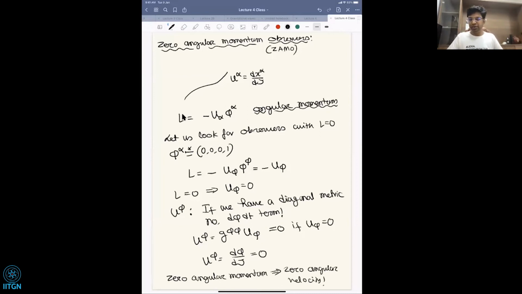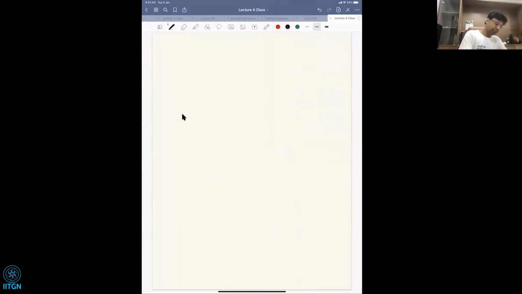Now consider the Kerr case. And I told you in the Kerr case there is a g t phi which is not equal to 0. There is a d phi dt term. Then what will happen? Let's calculate. So L equal to 0 will still mean u down phi equal to 0.